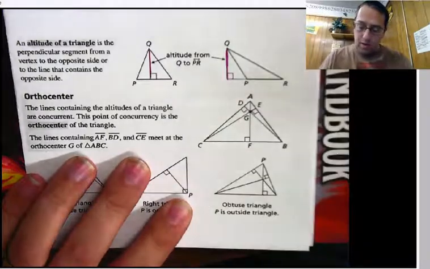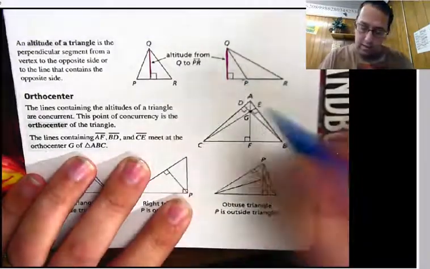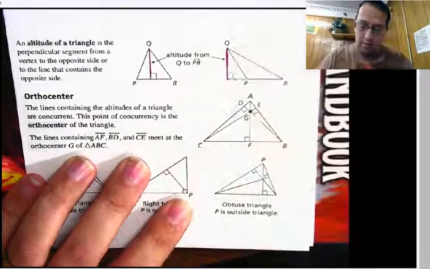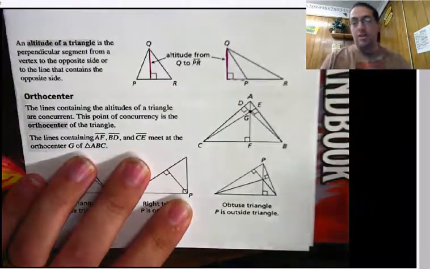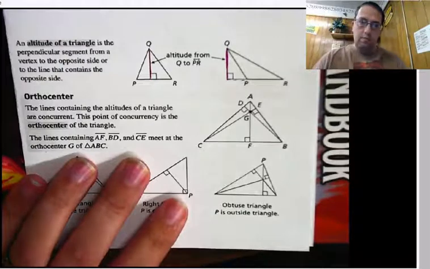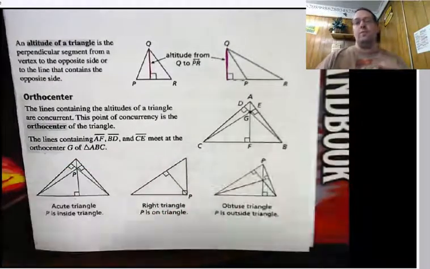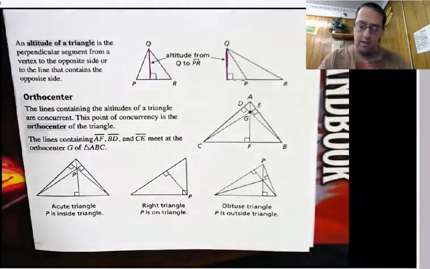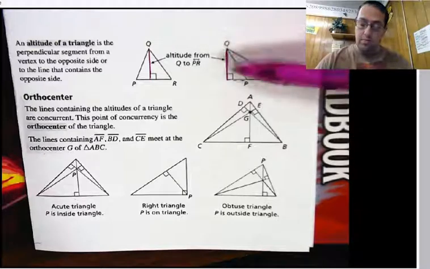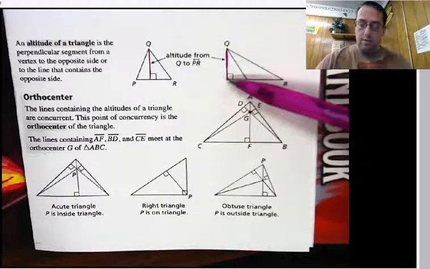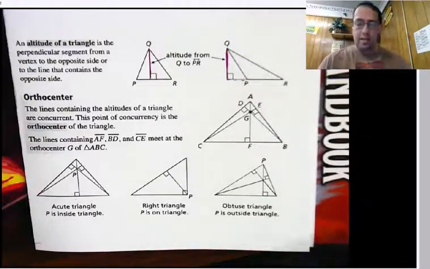So you have to extend this segment out, and it is perpendicular to the line that contains segment PR. Okay, so that's why the verbiage is like it is, because it's not necessarily going to be inside the triangle. It's not necessarily going to be perpendicular to the side of the triangle, but it might be perpendicular to the line that contains the side of the triangle.